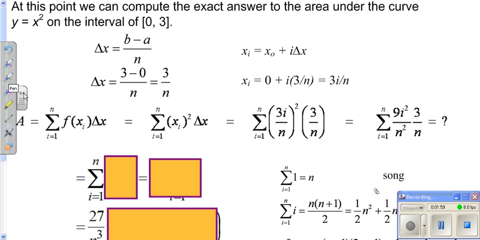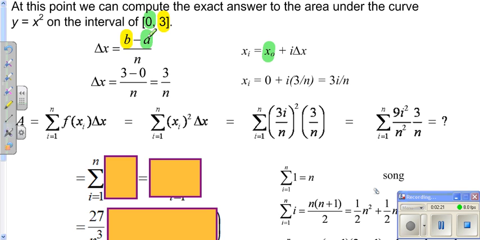So we're going to start off here, going back to that problem that we estimated with our calculators, going from 0 to 3 of x squared. You're going to start off: the end of your interval is always b, and the beginning of your interval is always a, and it's always x naught.